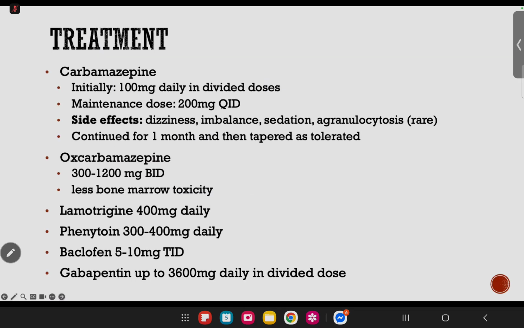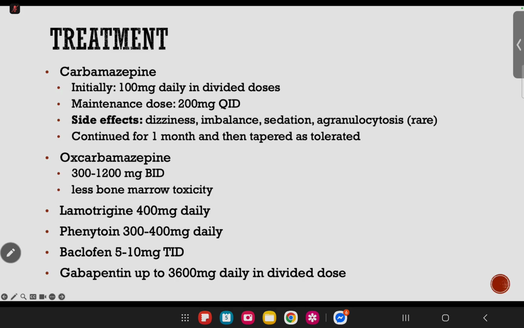Drug therapy with carbamazepine is effective in 50 to 75% of patients. Carbamazepine is an anticonvulsant which stabilizes the inactivated state of sodium channels, thereby making neurons less excitable. It should be started at 100 milligrams per day in divided doses, taken with food, and increased gradually every 1 to 2 days until substantial pain relief is achieved.